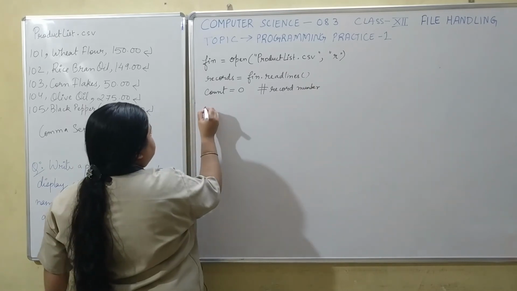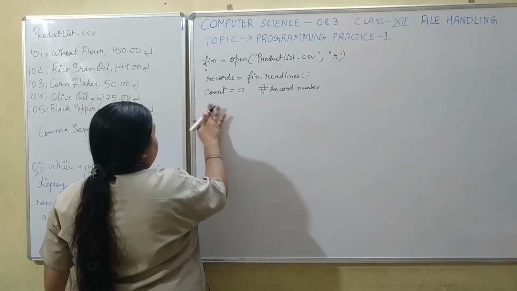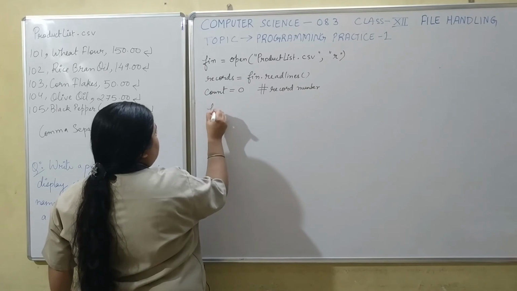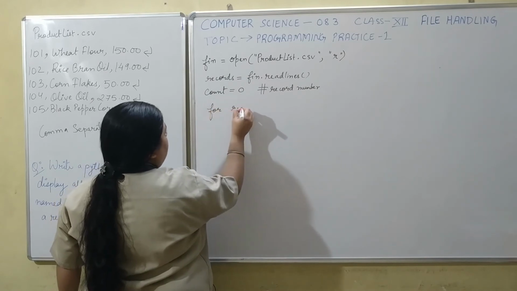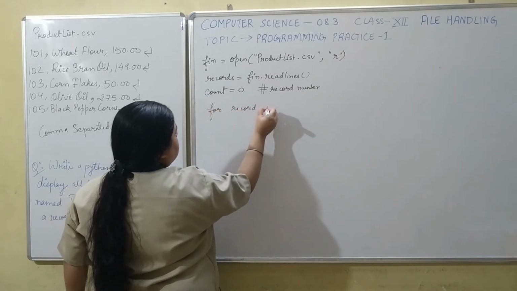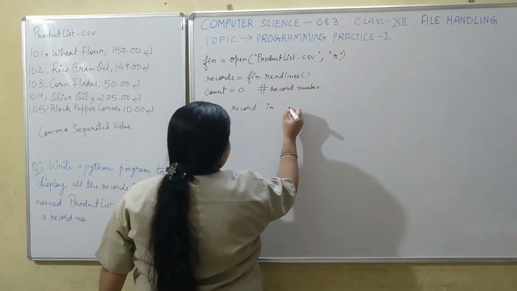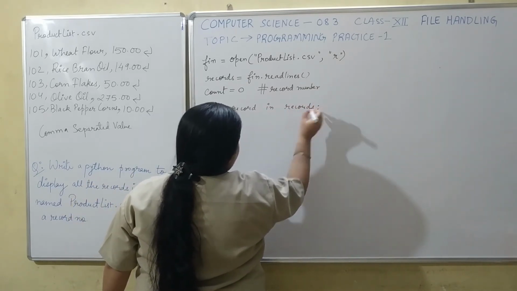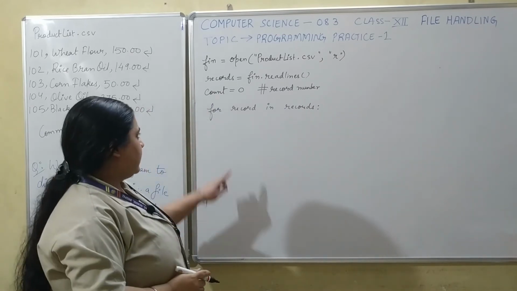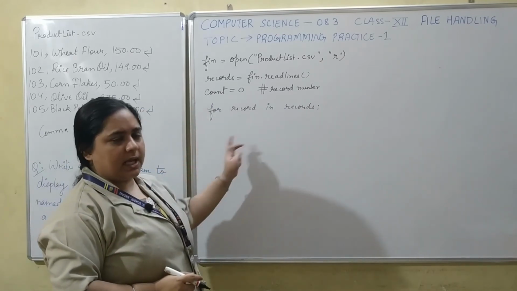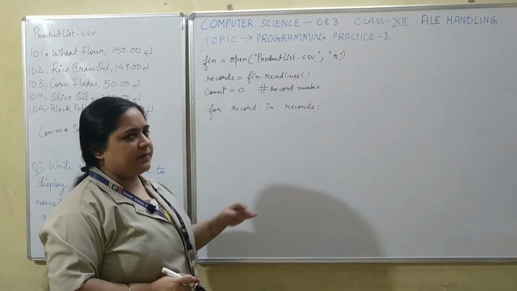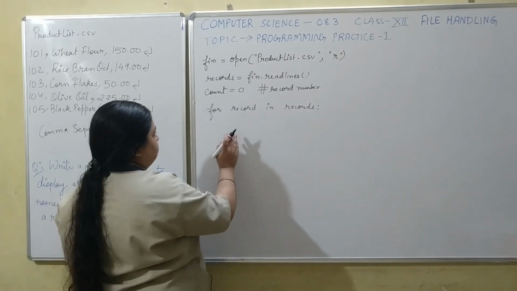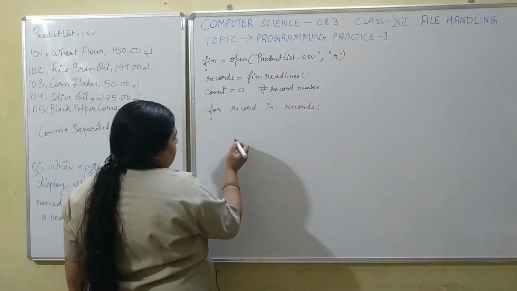Now I will use this: for record in records. Alternatively, you can also use the enumerate function and attach an index along with it and use that index to specify the record number. I will teach you that also.